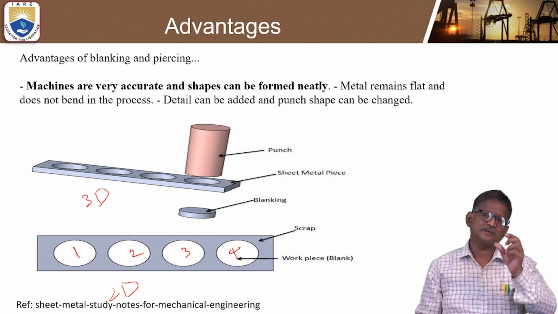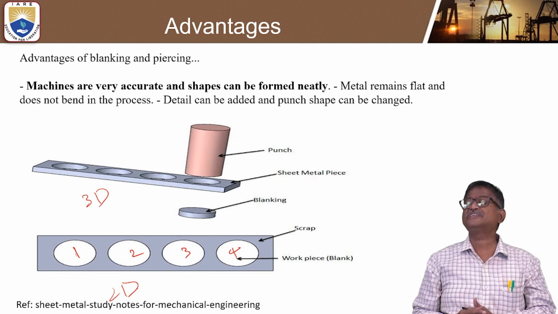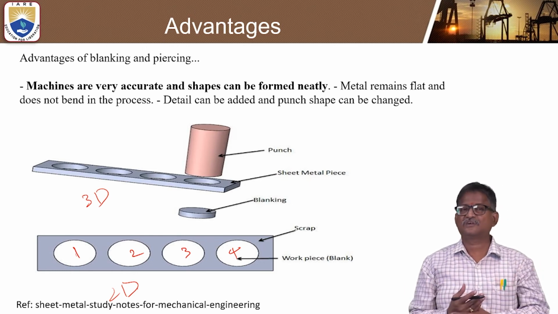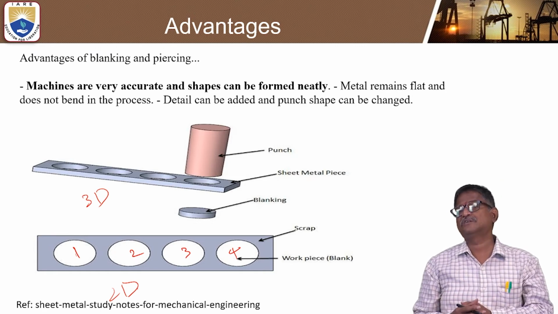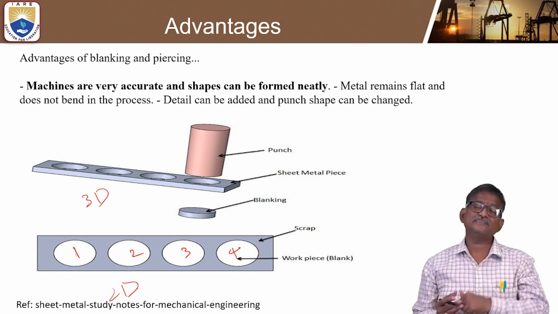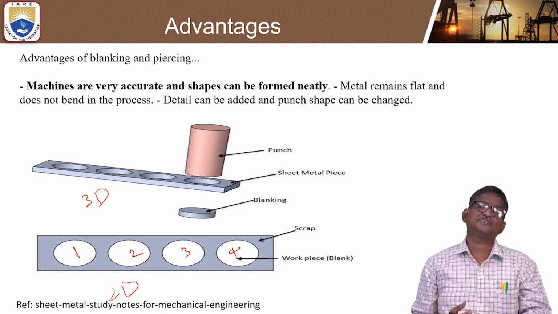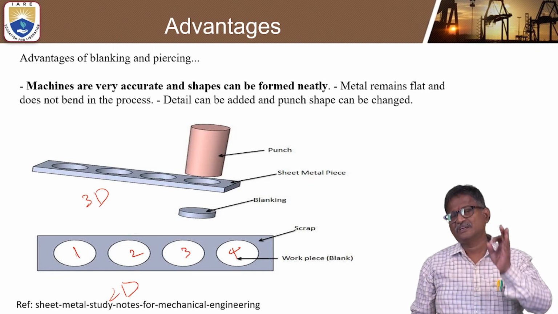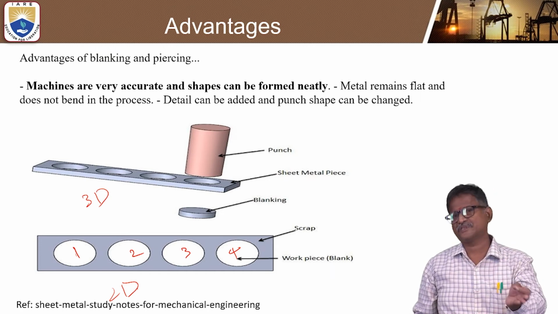We can do it, but preparing a large size punch costs a lot, and even a high tonnage press is required. Automatically, the cost increases a lot. That is why simple shaped holes can be easily made by the piercing or punching process.